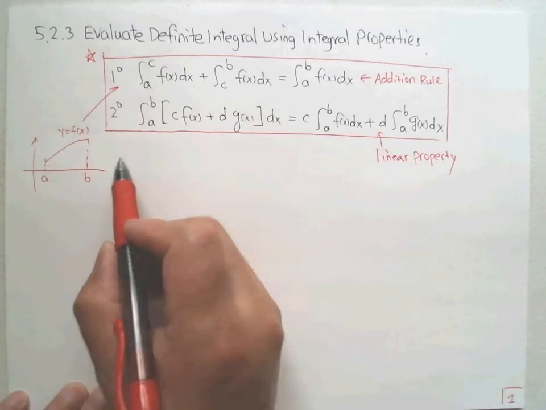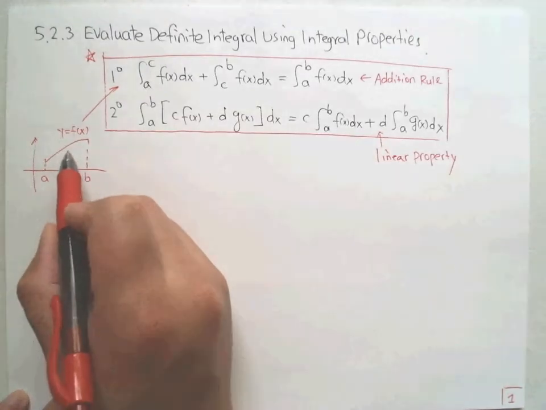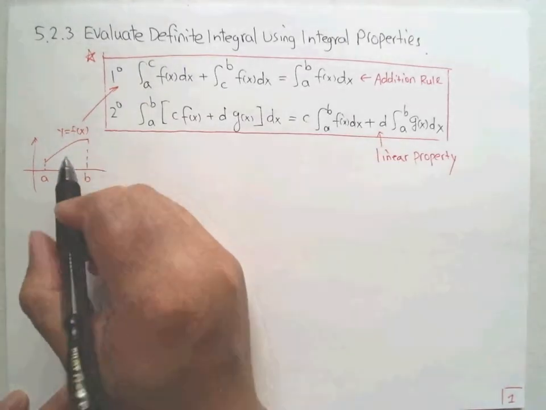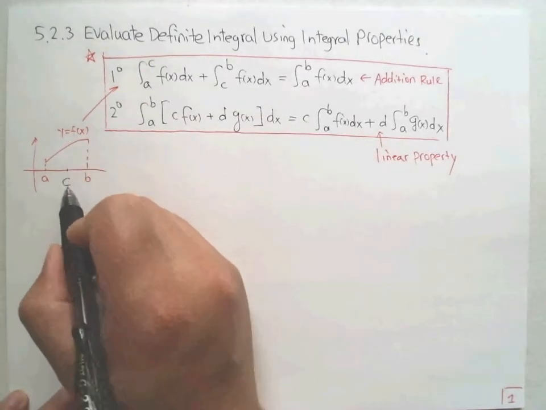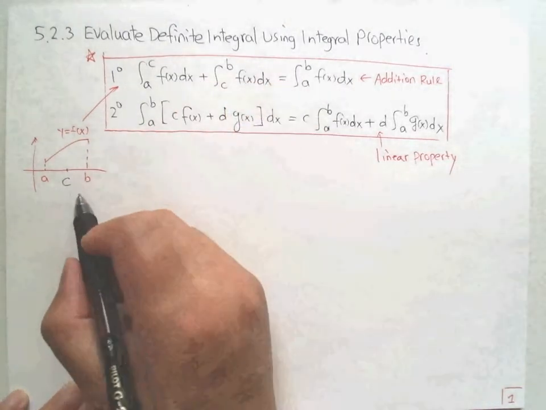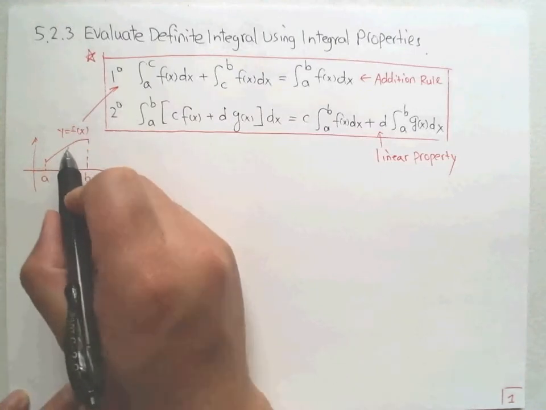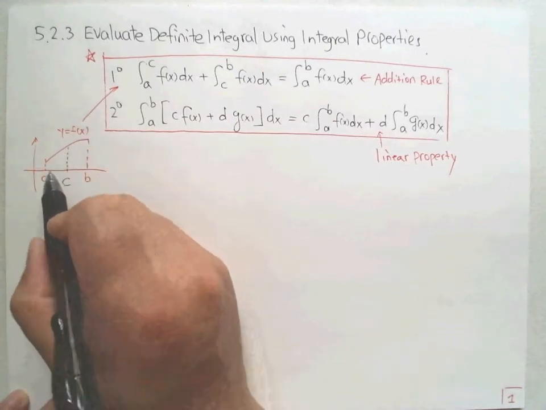If C is between A and B, let's say C is here. But in our property, C is not necessarily between A and B. This is easy to look at if C is between A and B.